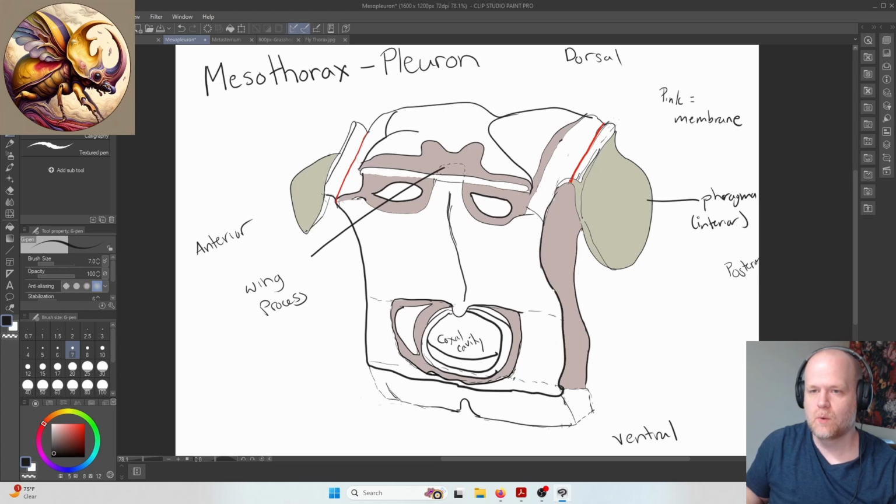So if you're wondering, why can't I see this? It's because it's inside the body. These phragma are where the wing muscles attach in order to pump the wings to fly. But all this pink is membrane. It's not frequently easy to see. In some species, you'll think there's no visible membrane here. What are you talking about?